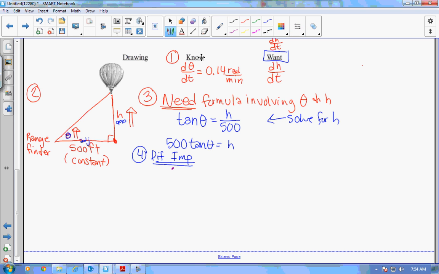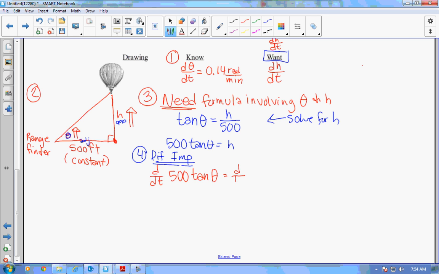I'm going to write my tangent theta, and I'm going to show that I'm going to take the derivative with respect to time. So in front of it, you write d dt. Oops, 500 tangent theta. Remember, you have to have something after that tangent. Don't just write tangent. And I'm going to show that I'm taking the derivative of h, but it's with respect to time.